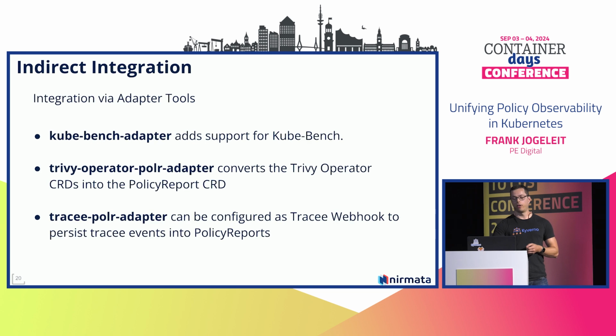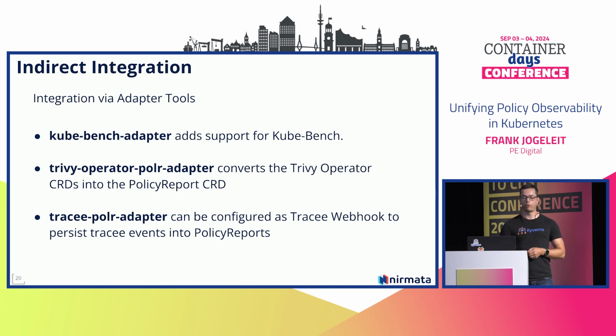And then we have the indirect integration, meaning that there is additional tooling from the community which takes the original output of an engine and converts it somehow into a policy report. Examples in this case are the Kubebench adapter from the Kubernetes Policy Working Group itself. It's a wrapper around the Kubebench CLI and converts the output of the CLI into policy reports.